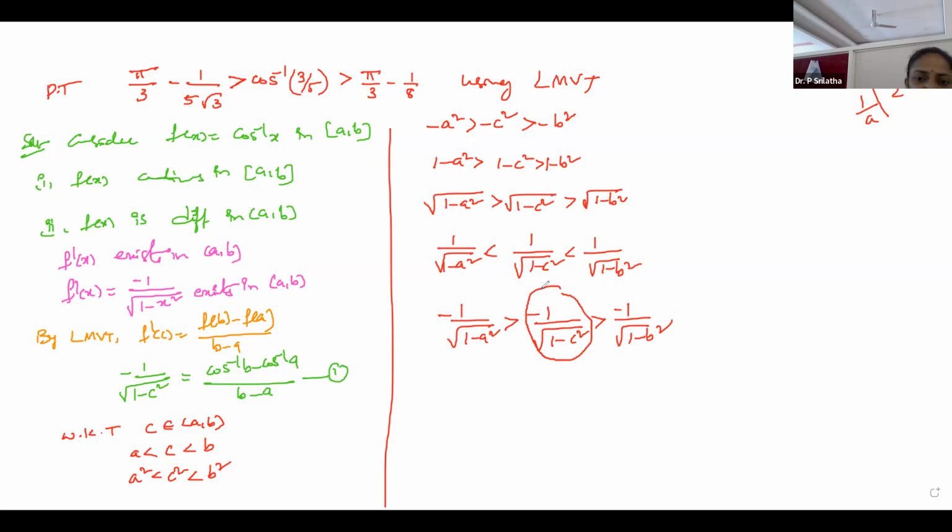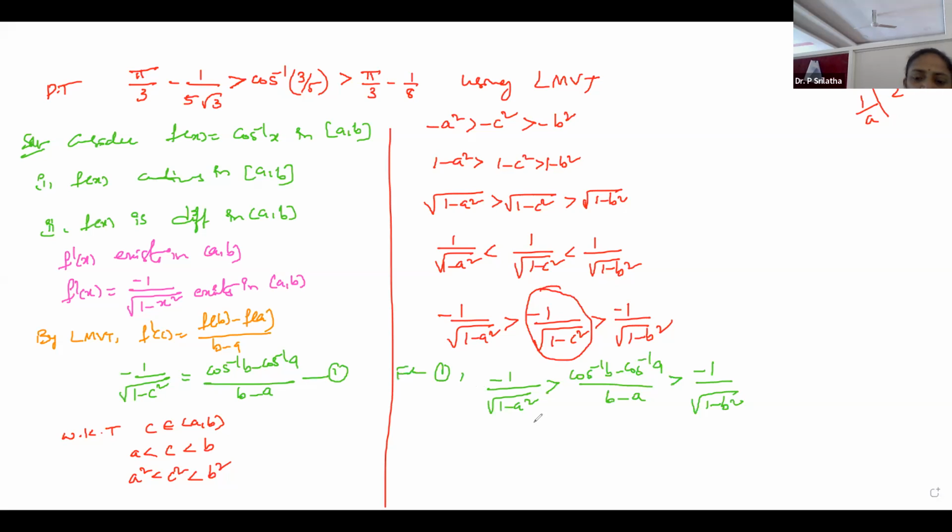So now substitute this value here, from equation 1. Minus 1 by under root of 1 minus a square is greater than, what is the value of that? That is cos inverse b minus cos inverse a divided by b minus a is greater than minus 1 by under root of 1 minus b square.